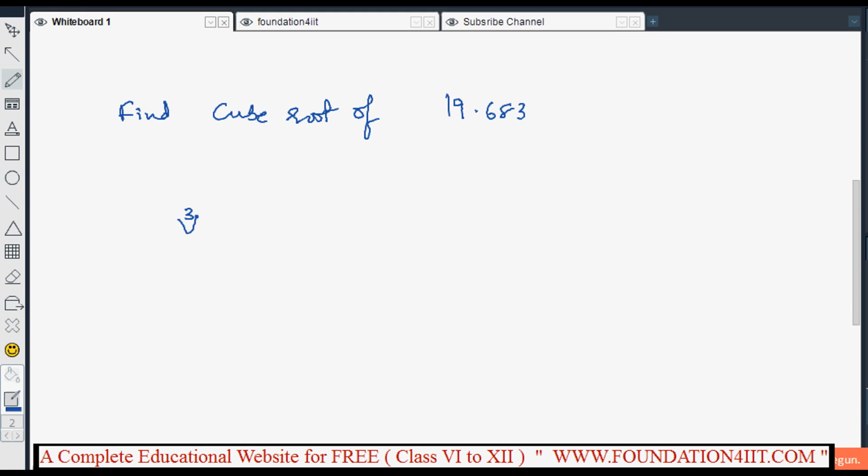So to find out the cube root of, this is a cube root symbol, 19.683. So you need to convert decimal to fraction. We need to convert first. That is 19,683. After the point there are 3 digits, so it is divisible by 1000.